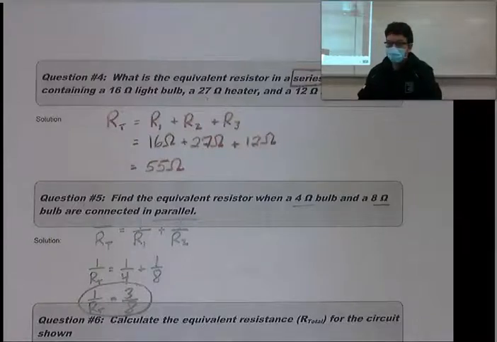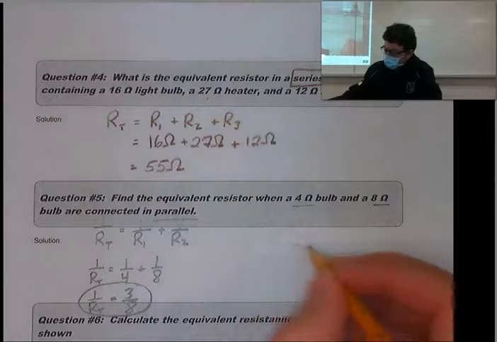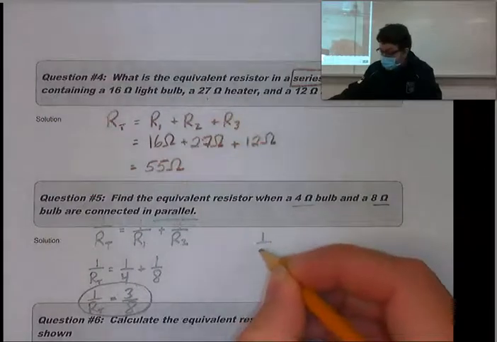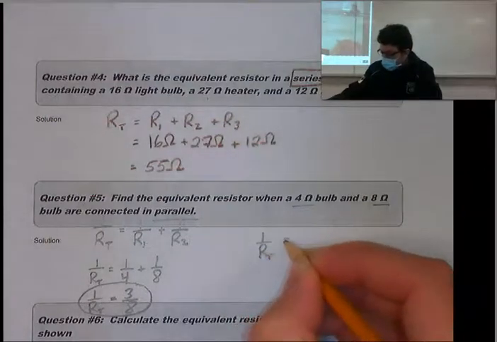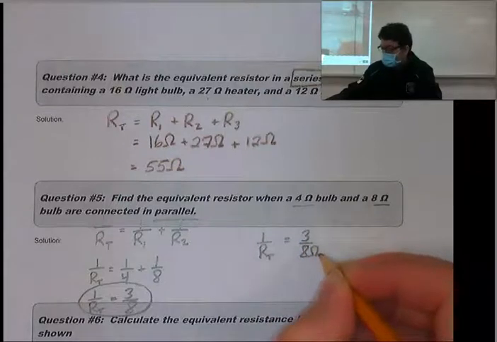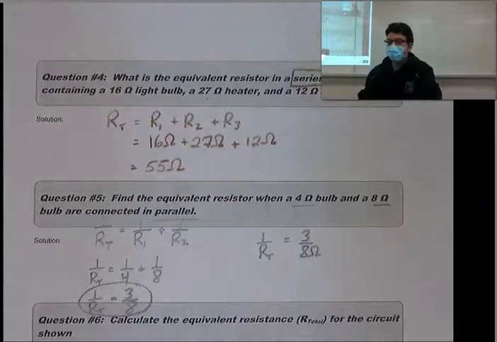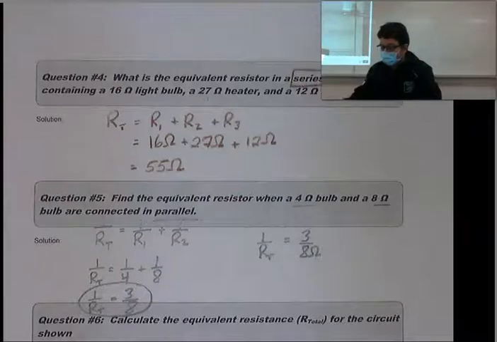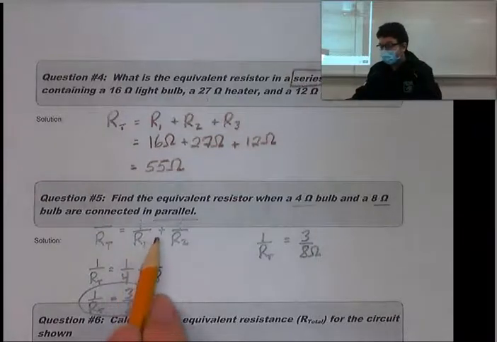What you solved for was 1 over RT equals 3 over 8, and ohms is on the denominator. What you need to do at this point is take the reciprocal of both sides. You couldn't do it before because you were adding two different fractions on one side.